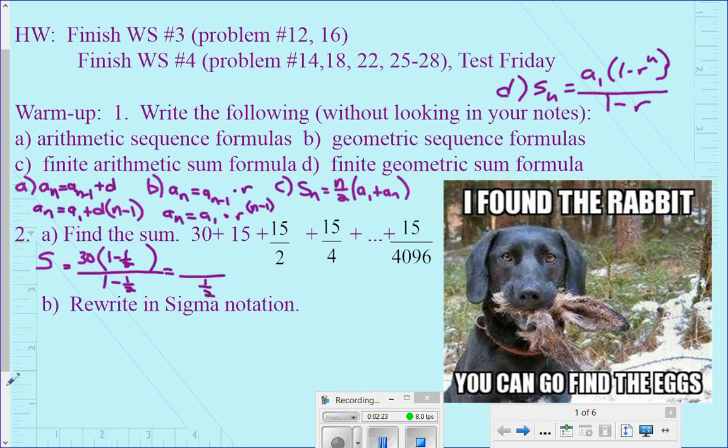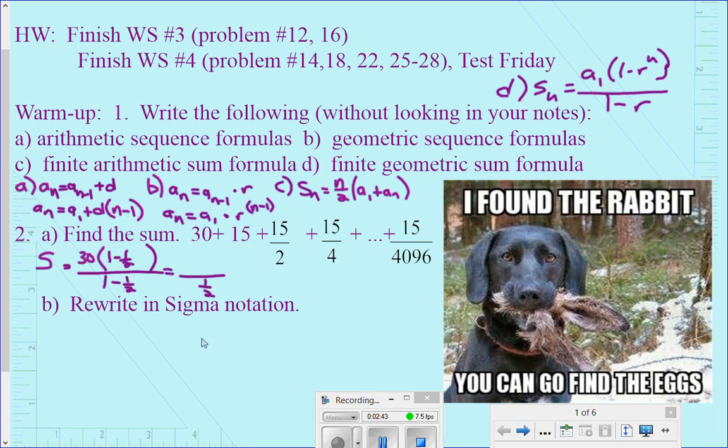Now I need to figure out how many terms there are, and we've done several where we know the last term value, but we don't know the number of that term. So we take that value and set it equal to the explicit formula and solve for n. In this case it's geometric, so we'll use the geometric explicit formula.